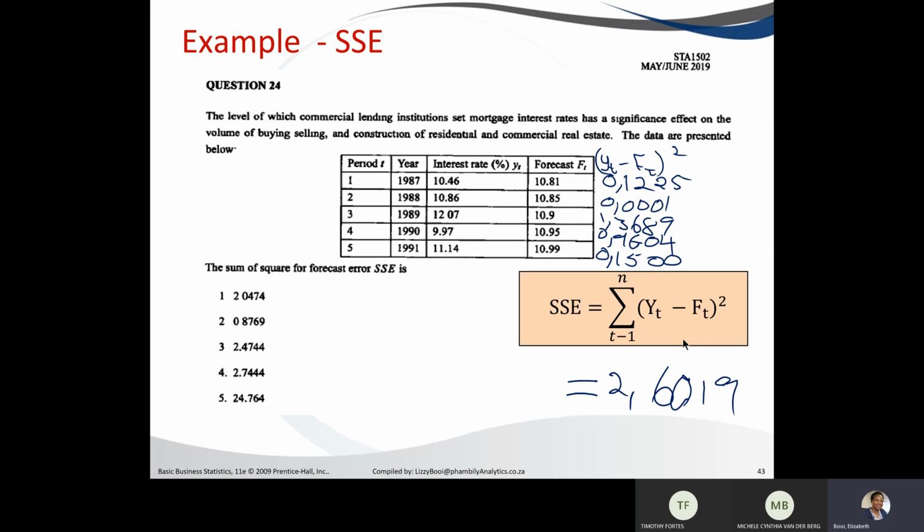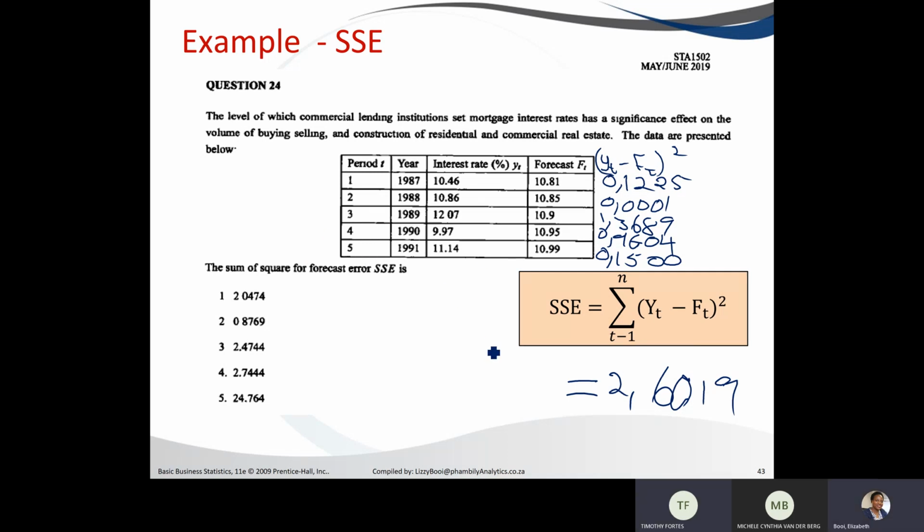Is there something that I am calculating that is wrong? Period 5 should be 0.025. Yes. Where? Which one? In 1991.